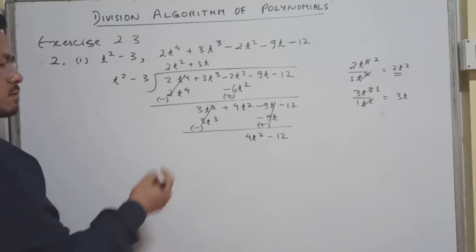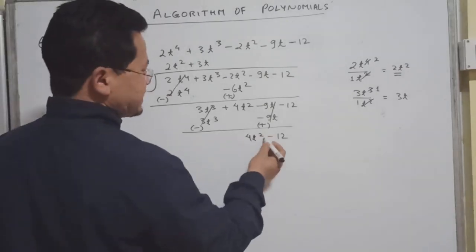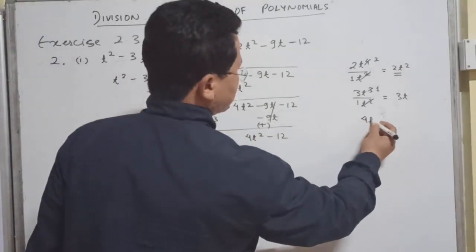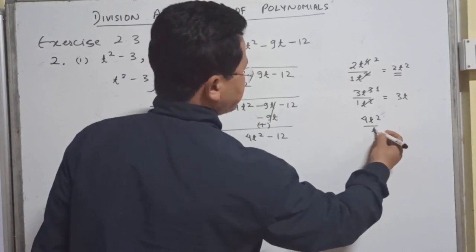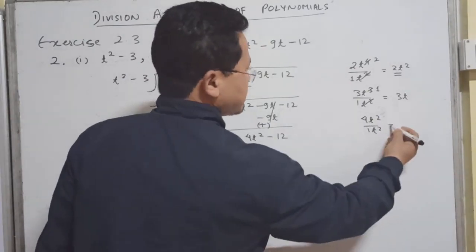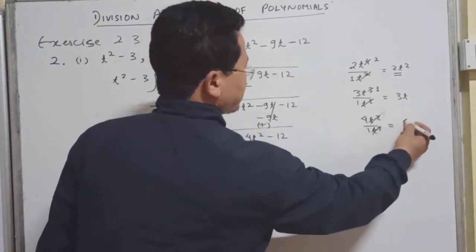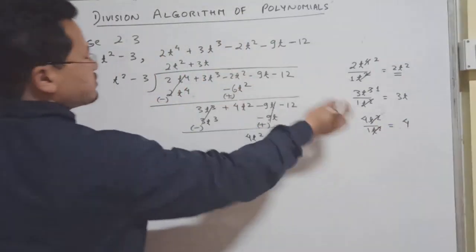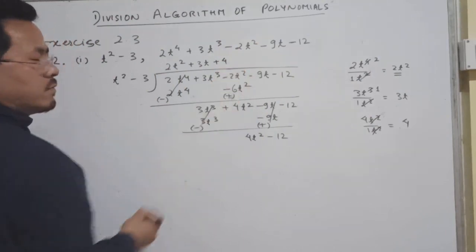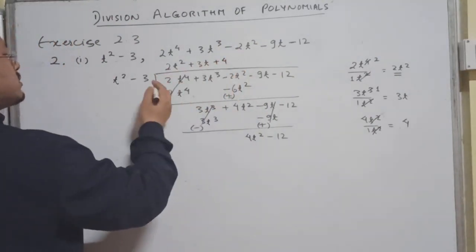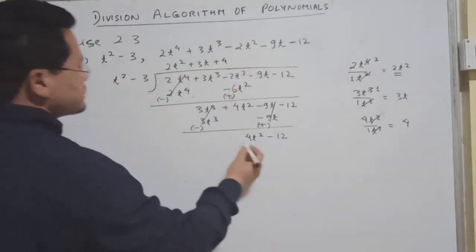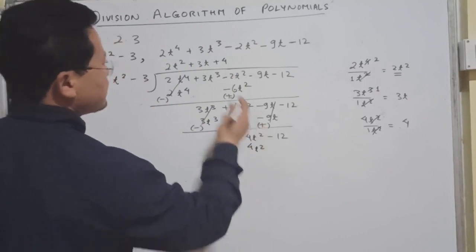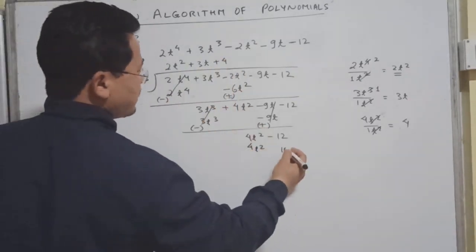Now we need to get the third quotient. This is the highest power here: 4t square by t square. So t square cancels and we are left with 4. This is the third quotient, and it is positive, so positive 4. Now again it has to multiply both terms. 4 into t square is 4t square. 4 into 3 is 12.